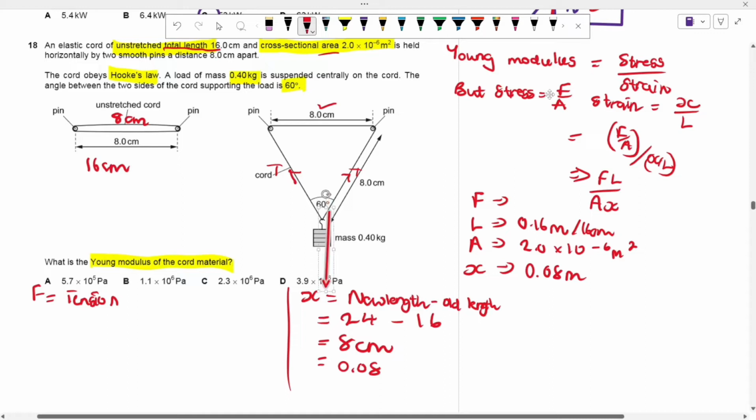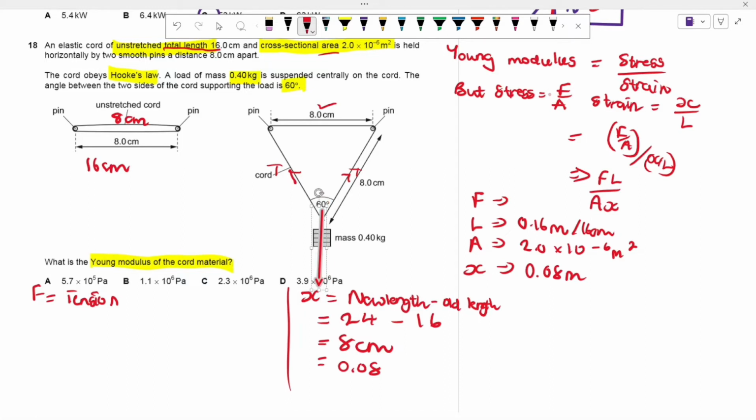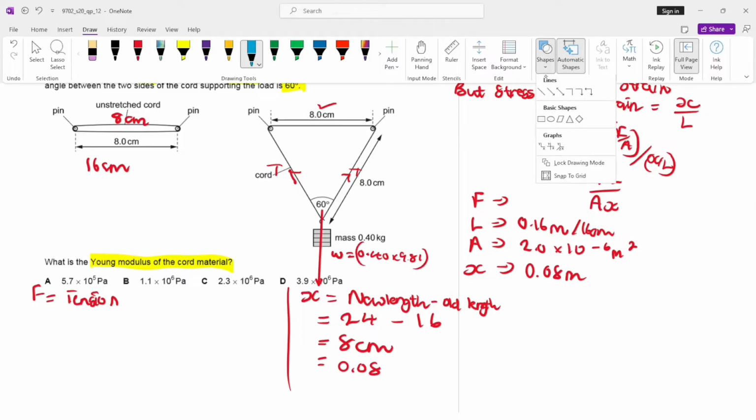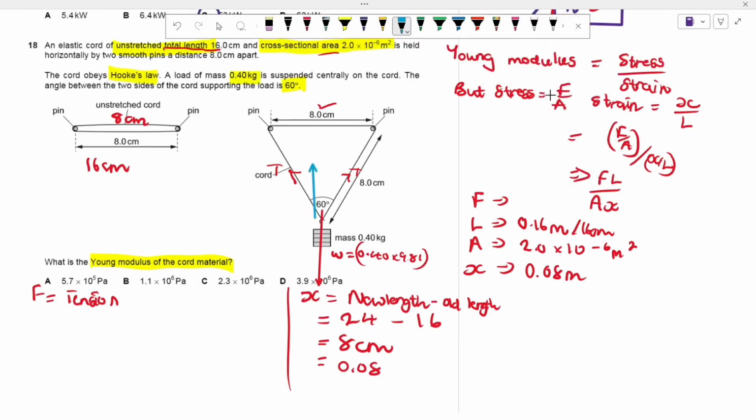Okay, so the weight is acting down, right? Essentially, if you look at this question, the weight is acting down, which is a mass of 0.40. So the weight is going to be equal to 0.40 times 9.81. So this is the weight that is acting down. Then our tension, we can resolve into two components, right? Our tension is like this.